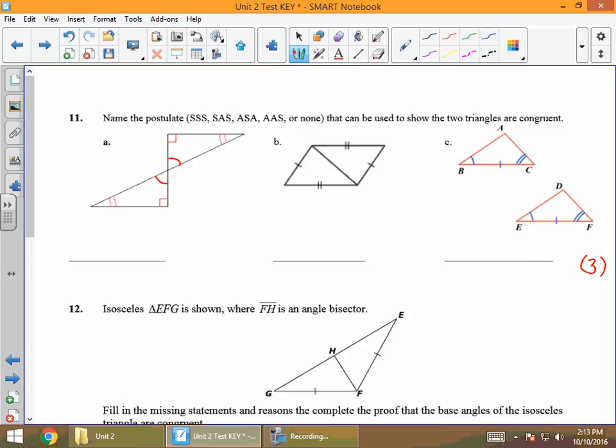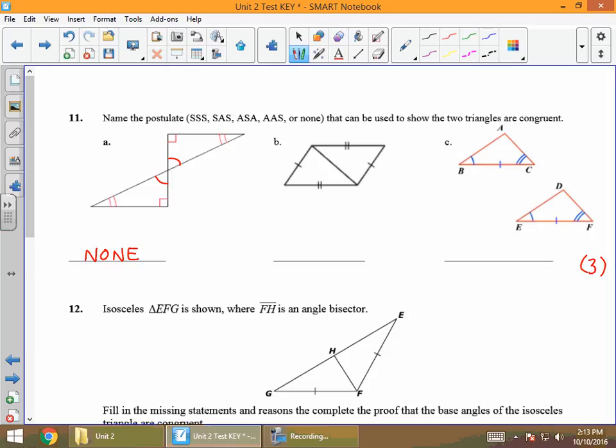So I have 3 angles that are all congruent, but I don't know a thing about the sides. So because I do not know a side length, that first one is none. You do not know that those 2 triangles are in fact congruent, because you don't know if they are the same size or not.